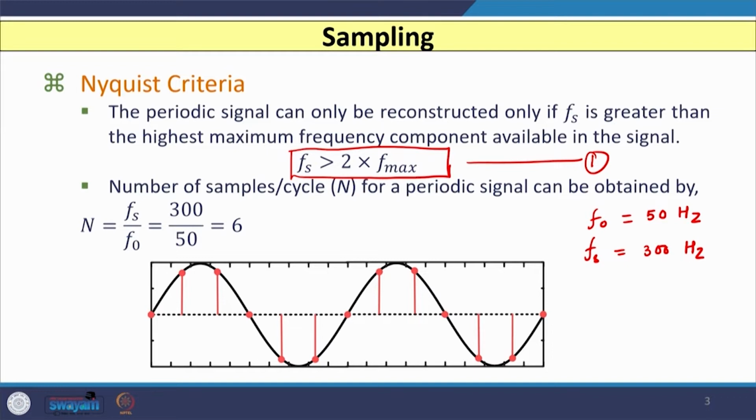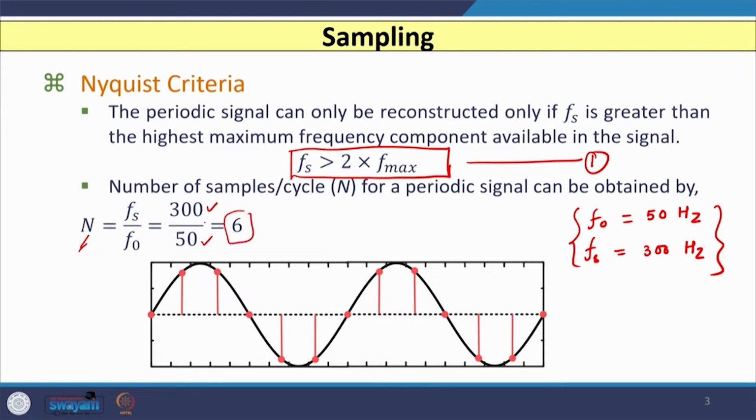That is, in one cycle, how many samples the ADC has to acquire, which we can find if F0 and Fs are known. We calculate it using the equation n, the number of samples per cycle, equal to the sampling frequency divided by the fundamental frequency. If we put in these values we get 6 samples.